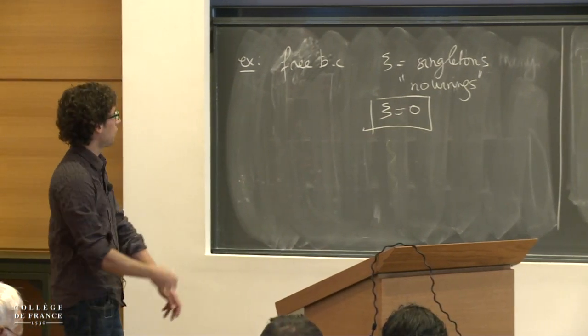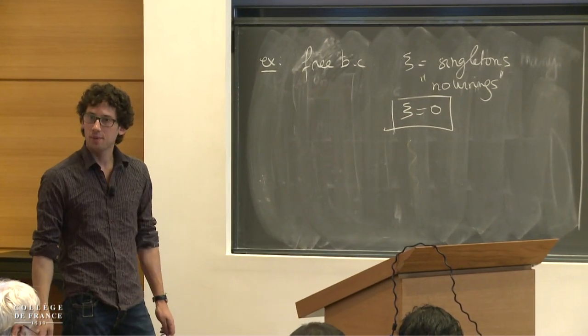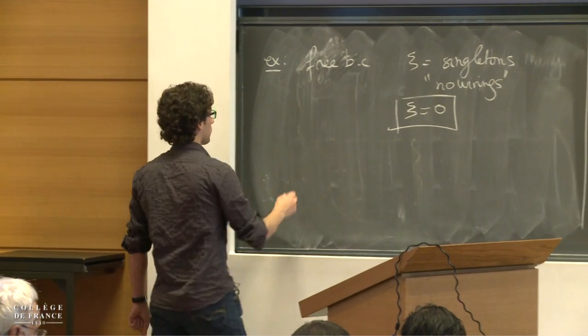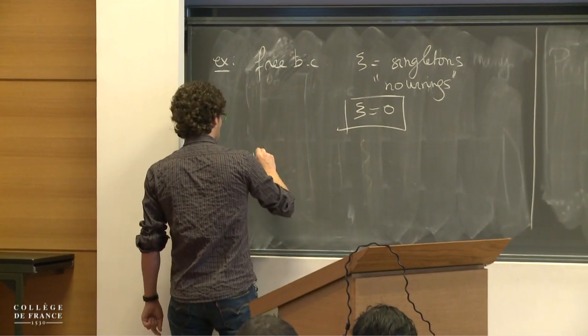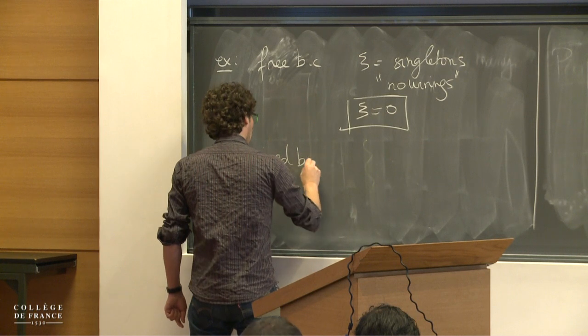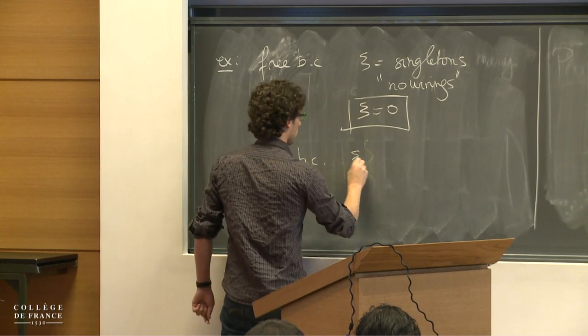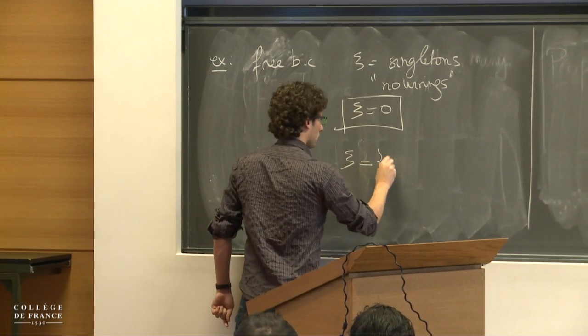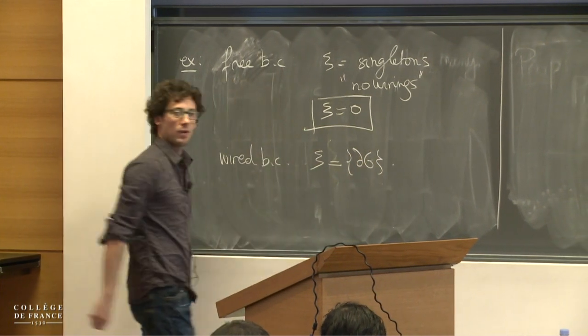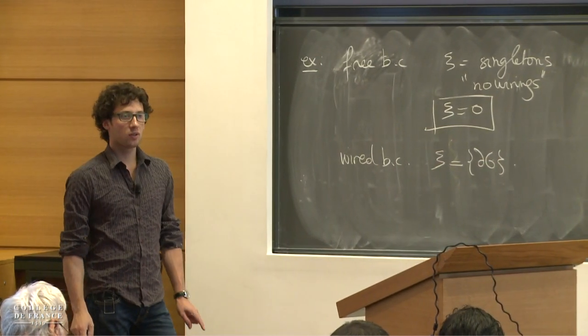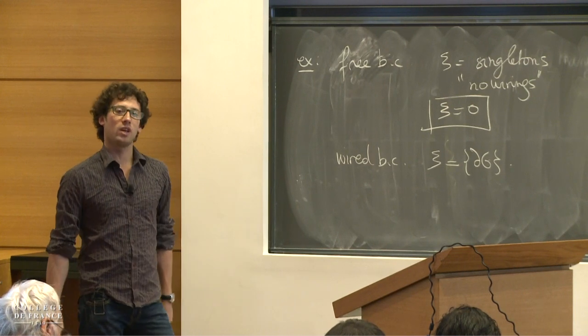So if you see phi^0, blah, blah, it means free boundary conditions. No wiring between them. Then you have the wired boundary condition. And then psi is what? It's just everybody. That boils down to saying that everybody is wired together.